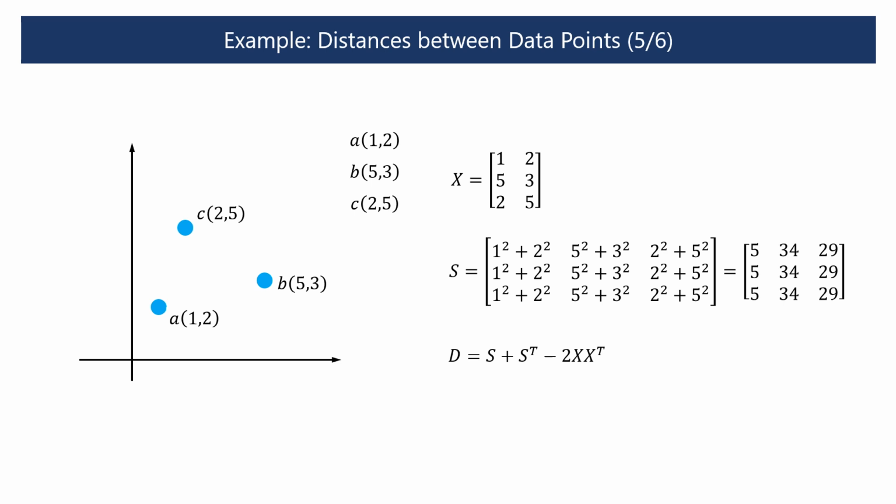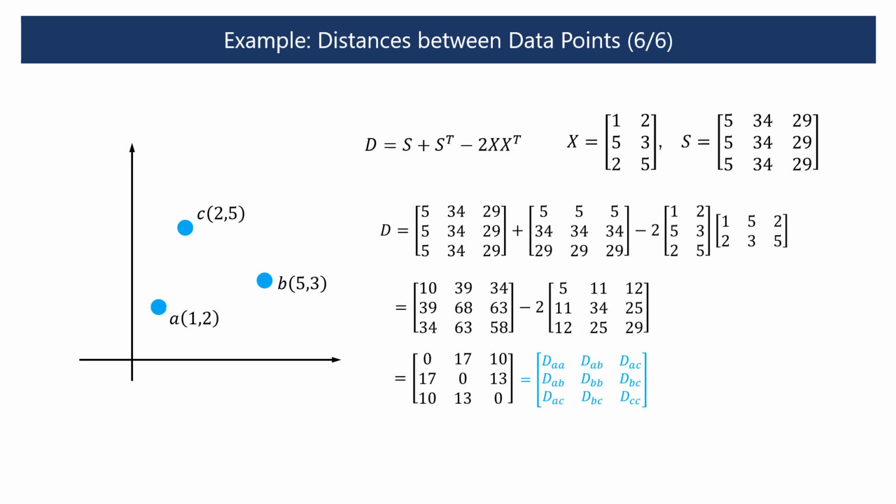Let's go back to the concrete example. The matrix X and the matrix large S can be expressed in this way. So let's obtain the distance matrix using these matrices and matrix operations. We can obtain the distance matrix in this way. We should know that the distance matrix shows the square of the Euclidean distance between the data points.